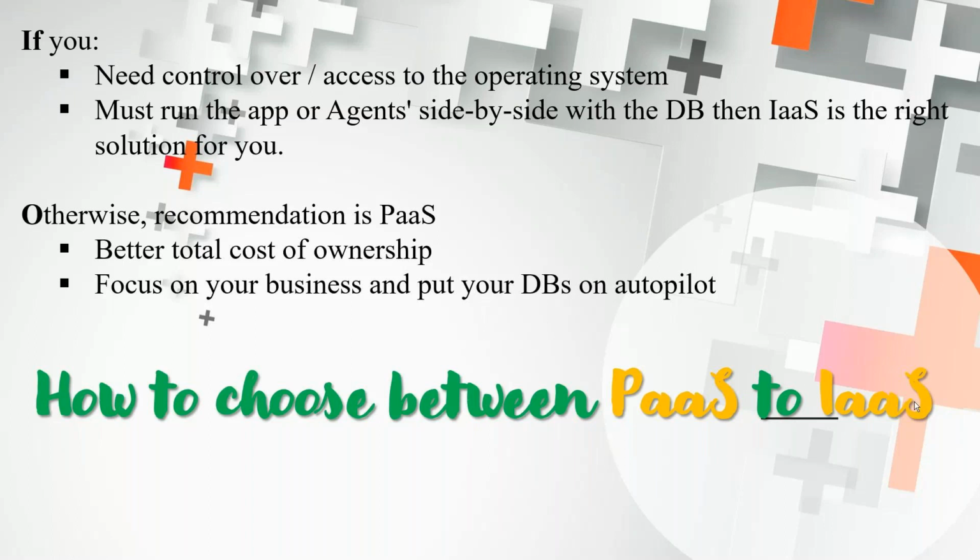But if you don't want access to the operating system, you don't want to deploy app services and DB services side by side, and you want to reduce the cost, then you can go for the PaaS platform.